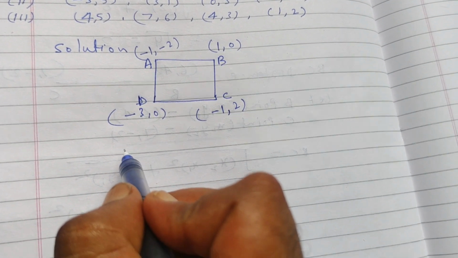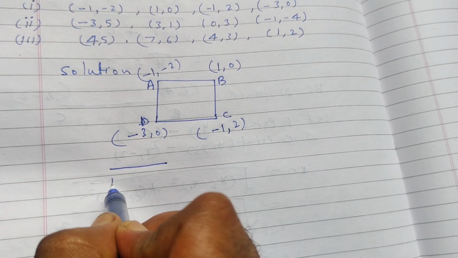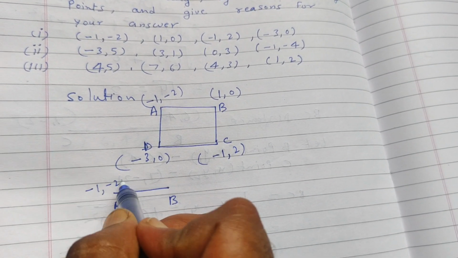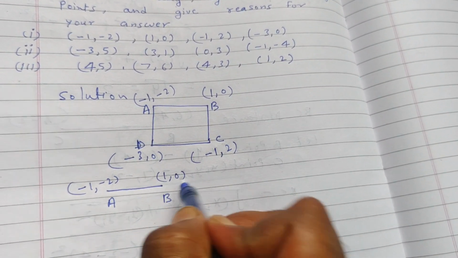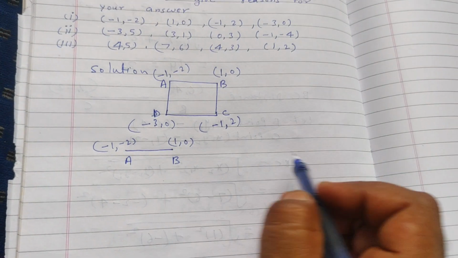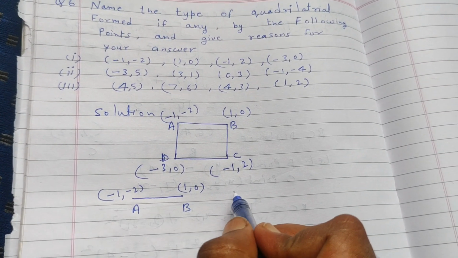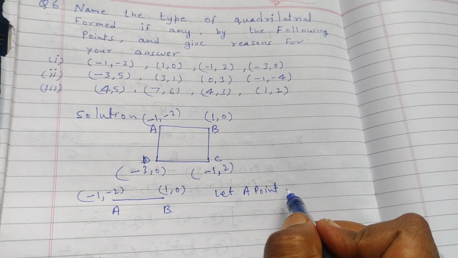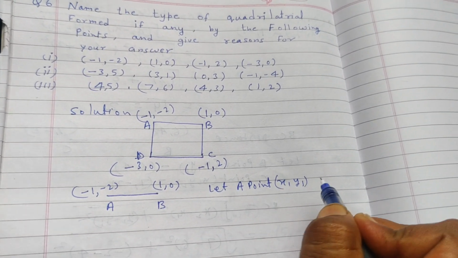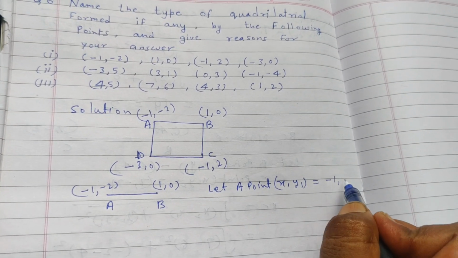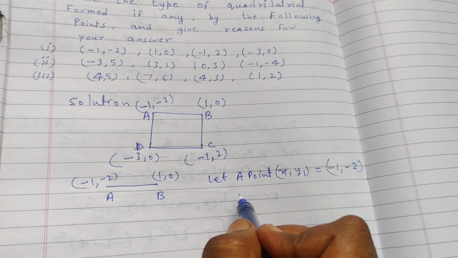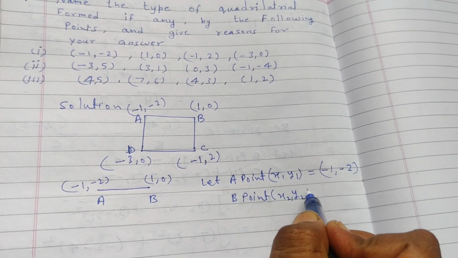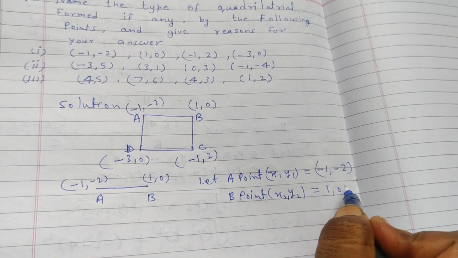In the solution, this is point A and this is point B: (-1, -2) and (1, 0). Let A be (x1, y1) = (-1, -2) and B be (x2, y2) = (1, 0).